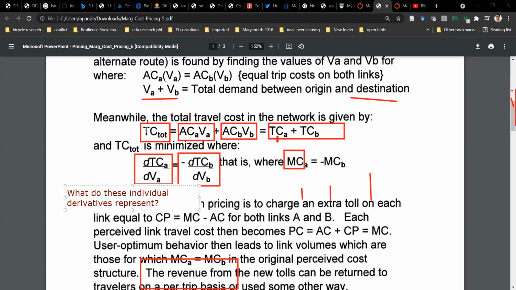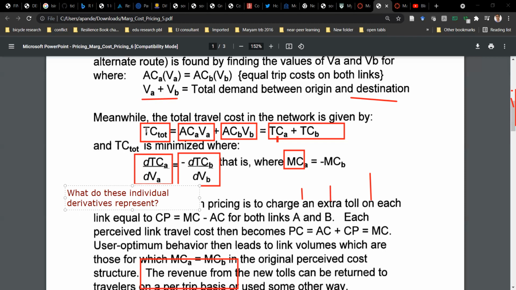Does it make sense to say when the driver minimizes their average cost, they're minimizing their individual travel time. But if you want to minimize the total system travel time, instead of average cost on both routes being equal, like the case is in the user equilibrium, if you want to get a system optimal state where the total system travel time is minimized, instead of drivers trying to equate their average cost on both routes, the marginal cost on both routes has to be equal.